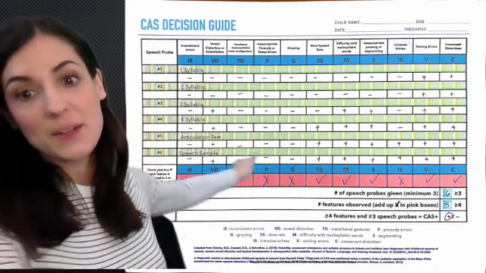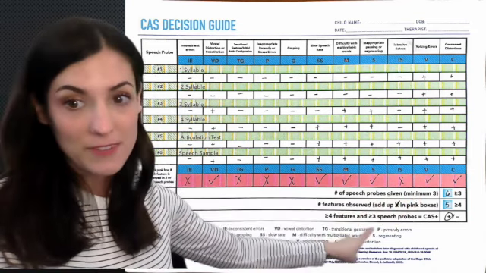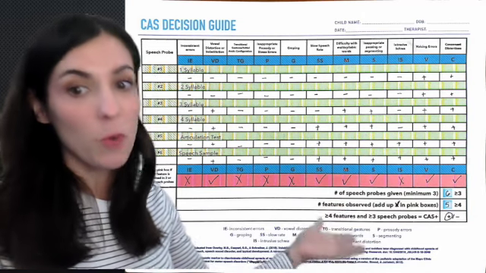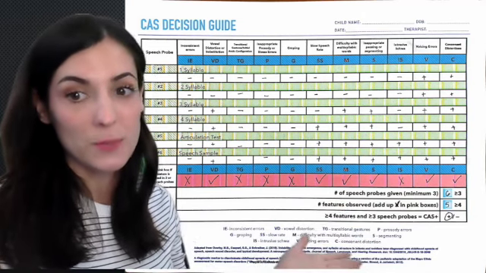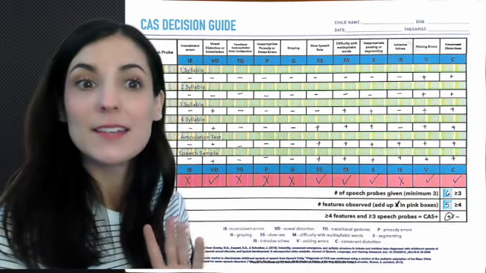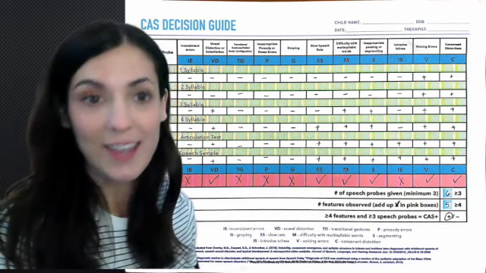So what you end up doing is calculating the number of speech probes that were given and the number of features that were observed, and if you got more than 4 features and more than 3 speech probes, then you're likely working with a child who has signs, at least, of childhood apraxia of speech, and you can continue with motor planning therapy.